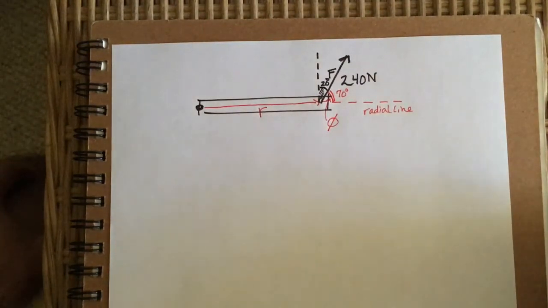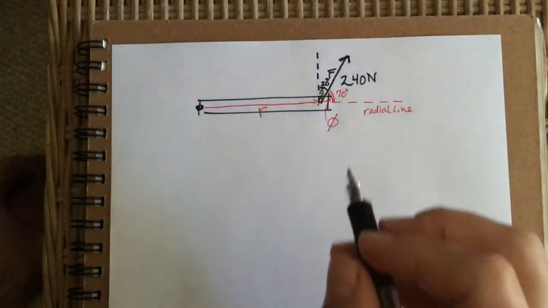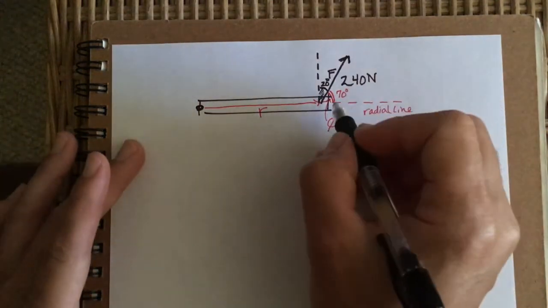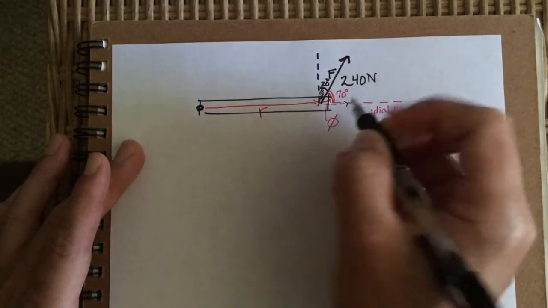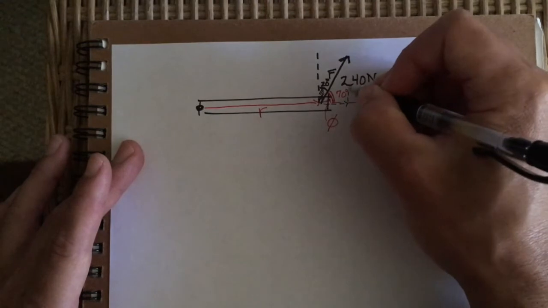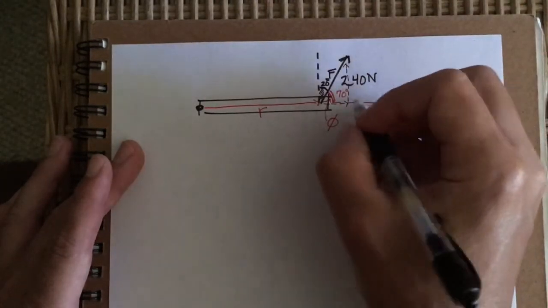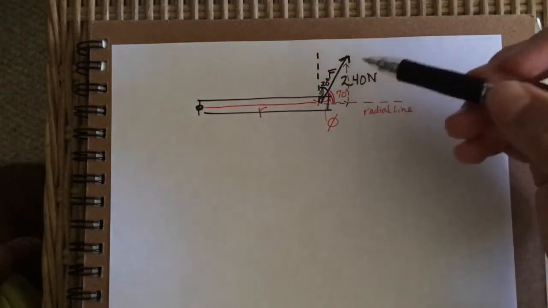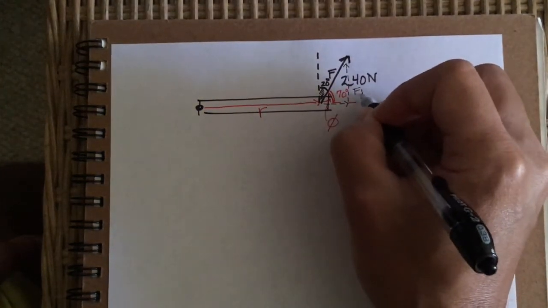So the reason I bring this up is because we learned a second ago that torque is equal to R times F perp, and F perp is where? Well, if we look at this, we can draw a component here. We can take another component right here of F, and we know that this is F of X and this is F of Y, but we know that this is perpendicular to R. So this side would be F perp.